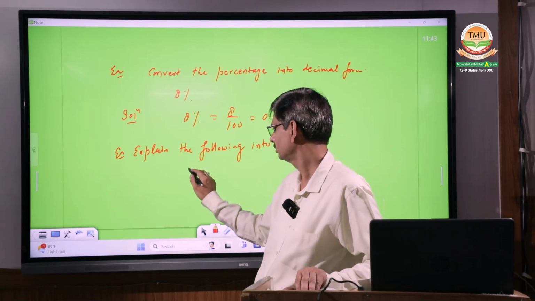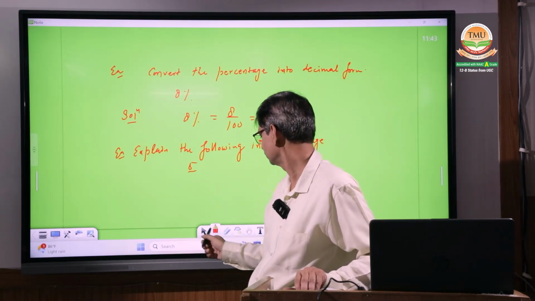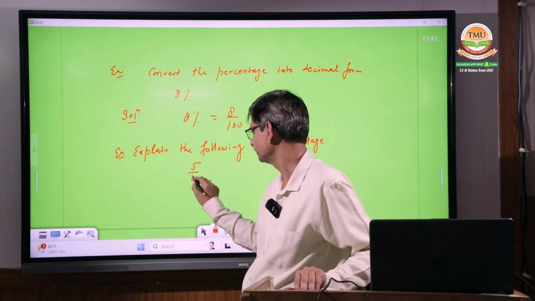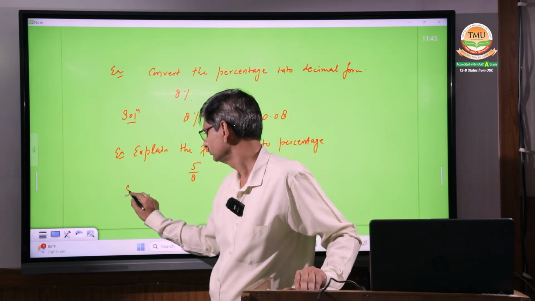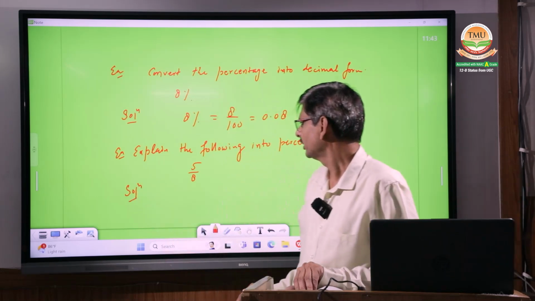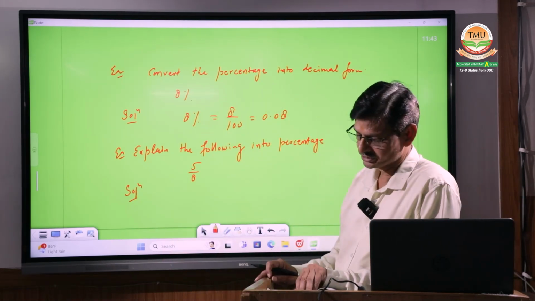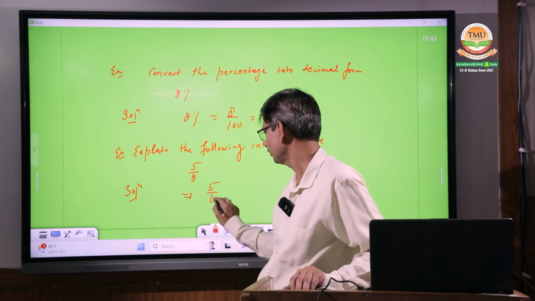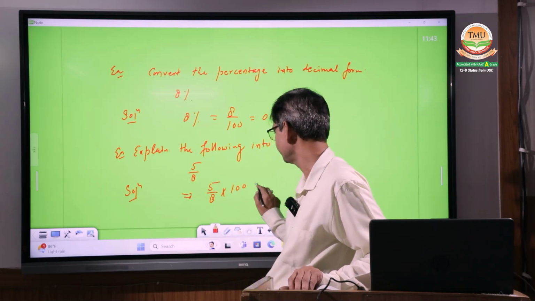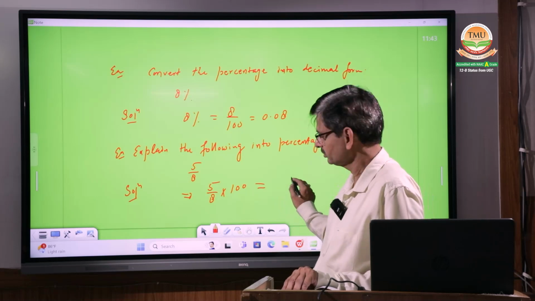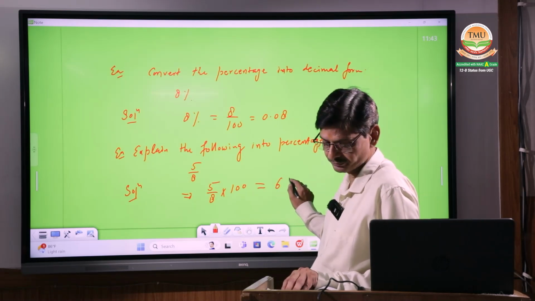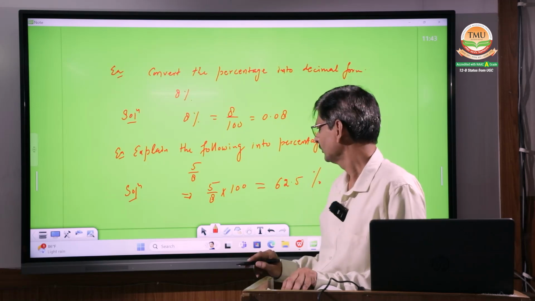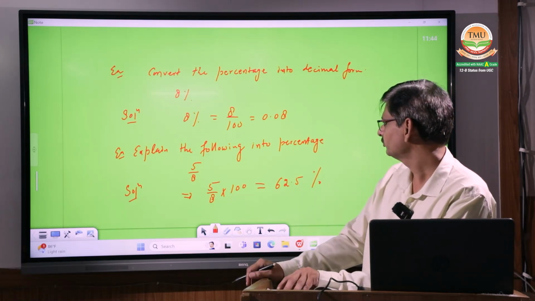Suppose 5 upon 8. Explain the following into percentage. 5 upon 8 can be converted in percentage like this: 5 upon 8 into 100. This will be 62.5%.